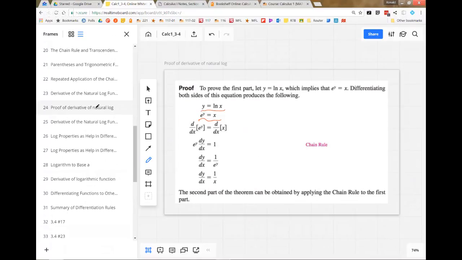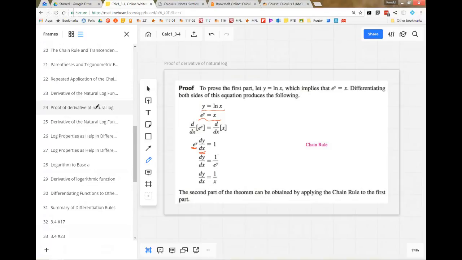Now take this equation I just underlined and take the derivative of both sides. On the left side, I'm going to take the derivative of e to the y. Because it's an e, it starts with itself. But y is not x, so we have to do the chain rule and multiply by dy dx. On the right side, the derivative of x is 1.